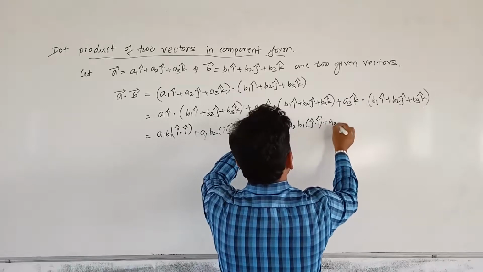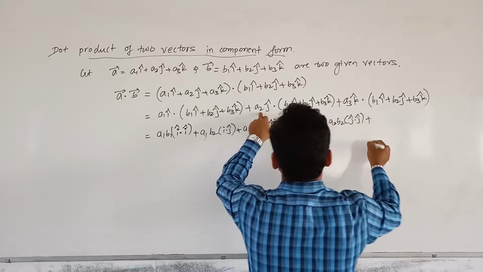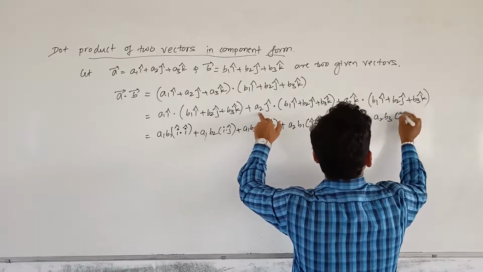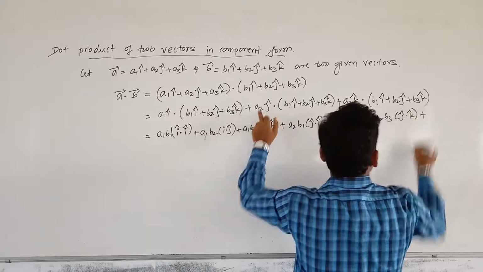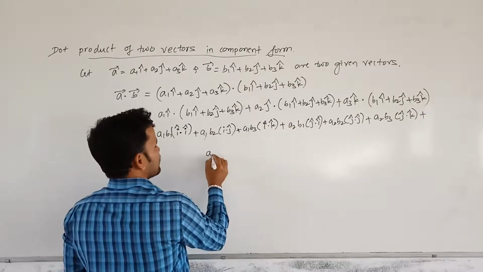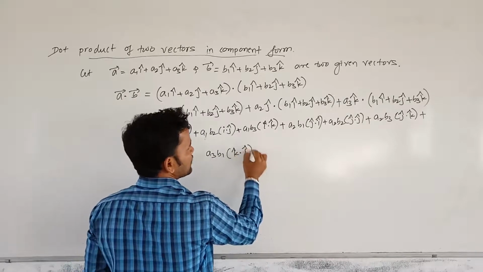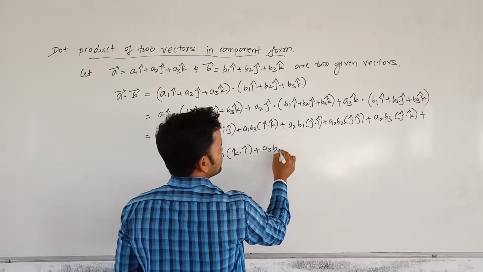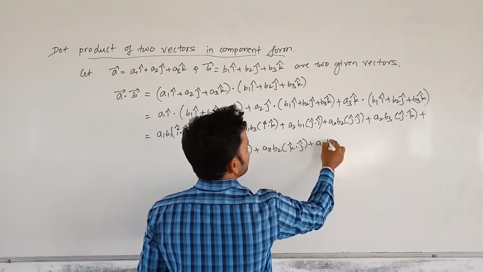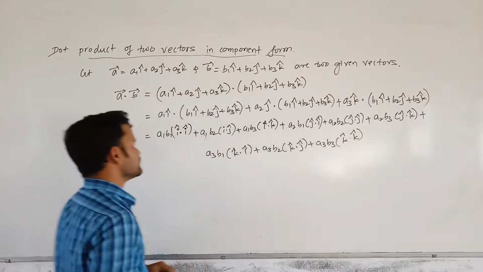Next, plus A2 B2 j dot j plus A2 B3 j dot k. Next, plus the third one, by the distributive law, A3 B1 k dot i plus A3 B2 k dot j plus A3 B3 k dot k.